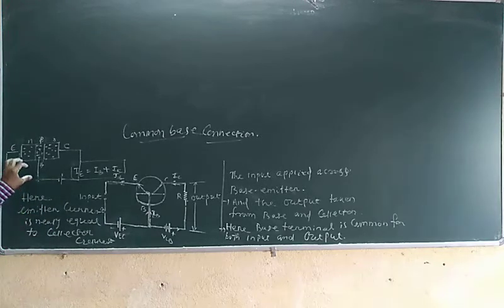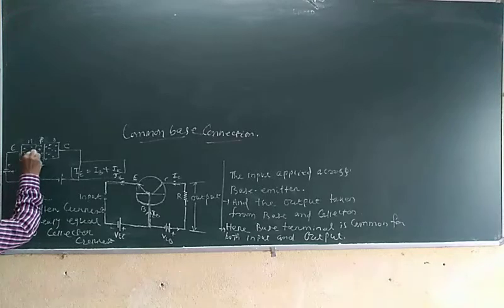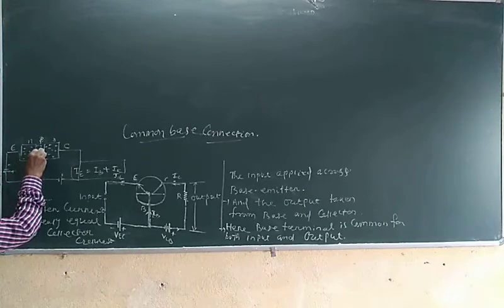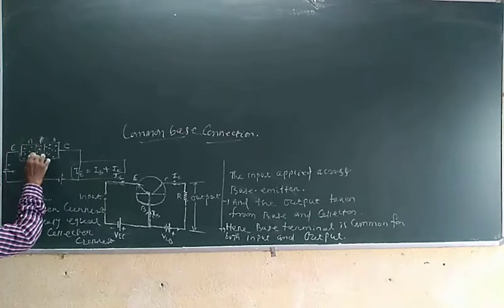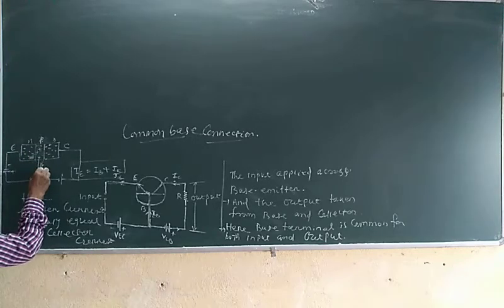Here, the negative charge of a battery connects to the n-type material, then the electrons are repelled from this side to this side, and the electrons reach the base area. Now this electron goes to a hole, and it is neutralized. Due to this neutralization, it causes a current known as base current IB.